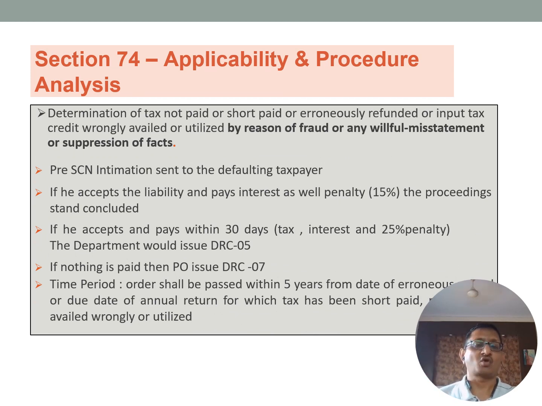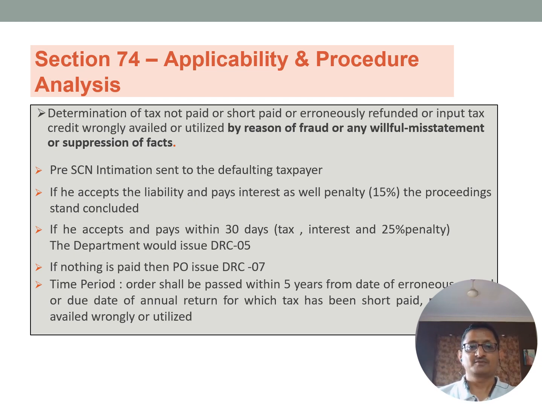So when there is determination of tax not paid, short paid, or erroneously refunded, or input tax credit wrongly availed or utilized, by reason of fraud or any willful misstatement or suppression of fact.